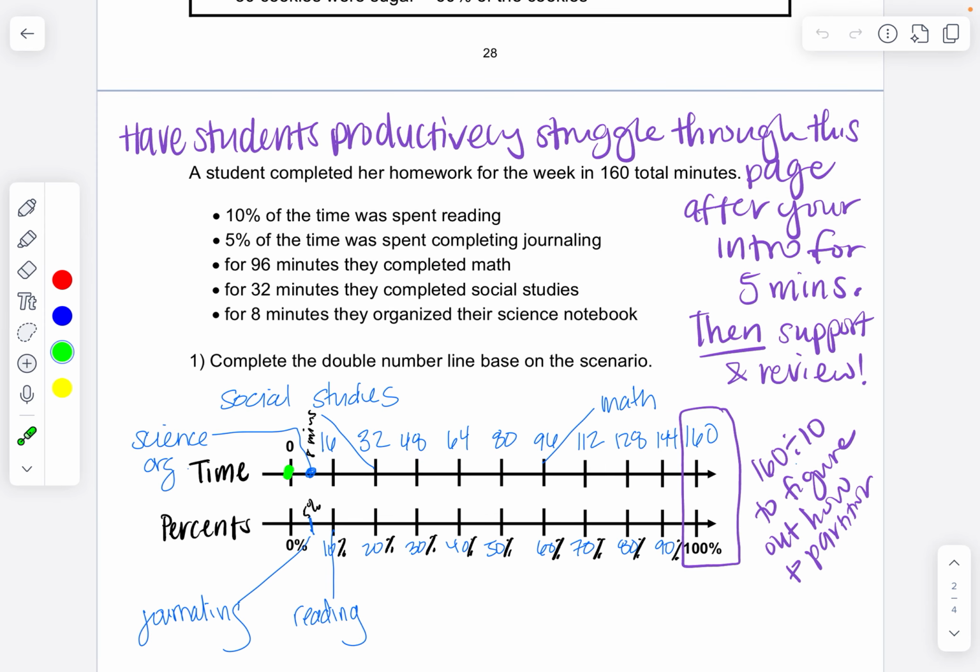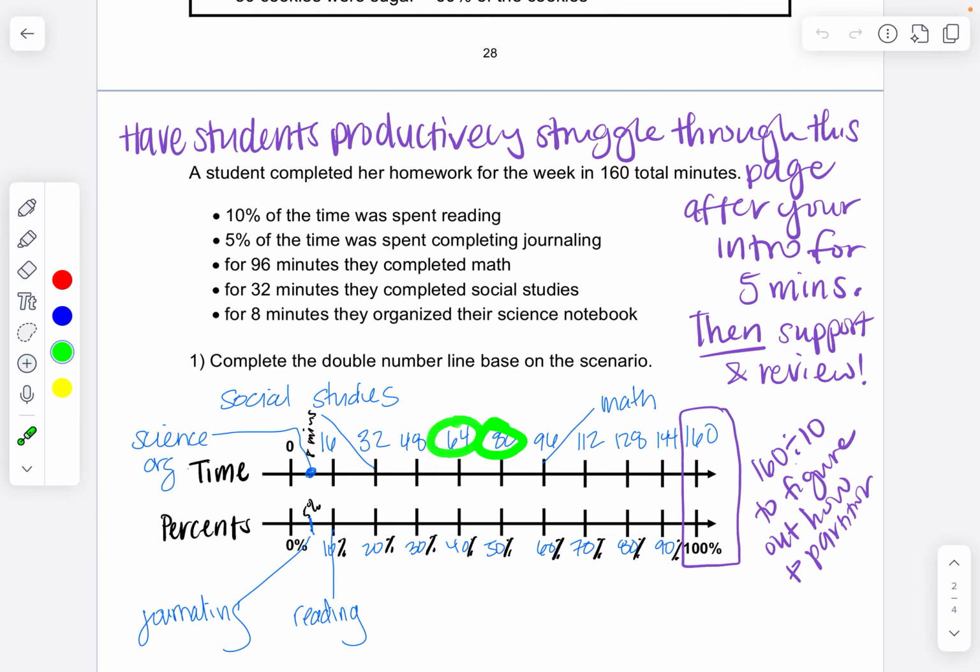If I know this is 0 and I know this is 160, what am I skip counting by? Well, if your example up at the top was clear, students should know that they are also going to be dividing by 10 because of how this is partitioned into 10 parts. And if they are dividing by 10, 160 divided by 10 is 16. So they are going to be skip counting by 16.